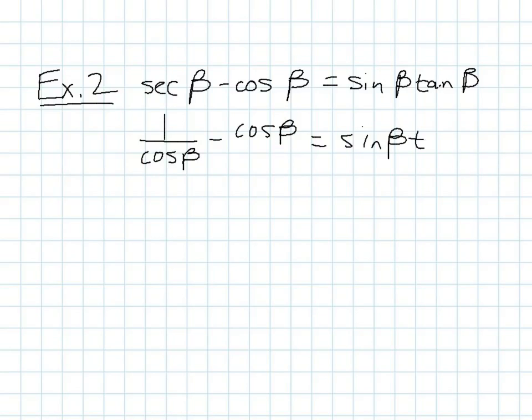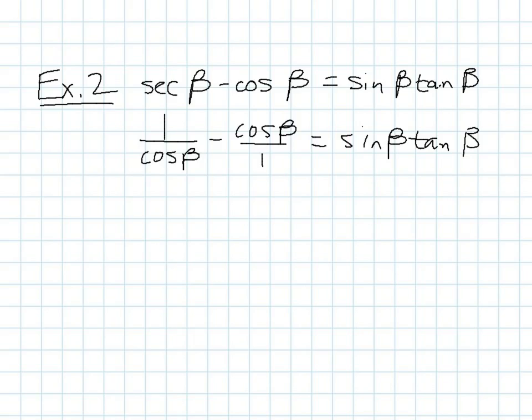Another technique that you want to be aware of is that when you make fractions and they're subtracting or adding to one another, it's usually a good idea to put those two fractions together. That's kind of why I gave you the algebra review worksheet, so that you could review making common denominators and then putting the fractions together, because that usually helps you put things together and verify these identities.